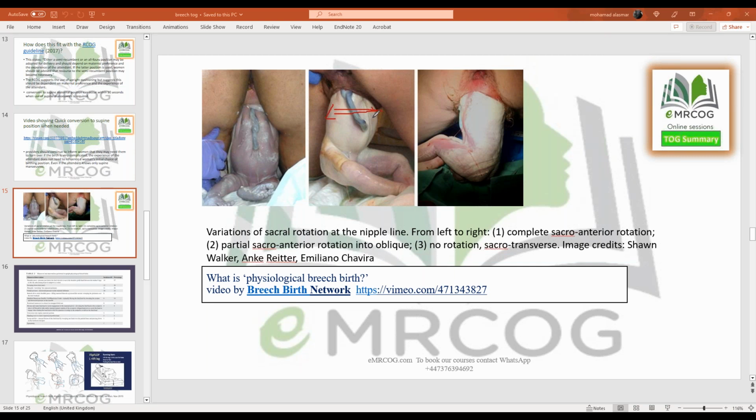So this is the nipple line, and if the rotation does not happen when the baby reaches the nipple line, that means there is delay in the rotation and we need to help. So I'm going with you one by one, trying to understand the normal physiological breech and what is the intervention that we will do. The intervention is how to help this normal process to happen. But at the end of the day, it's normal. It's something that's not happened by our intervention.